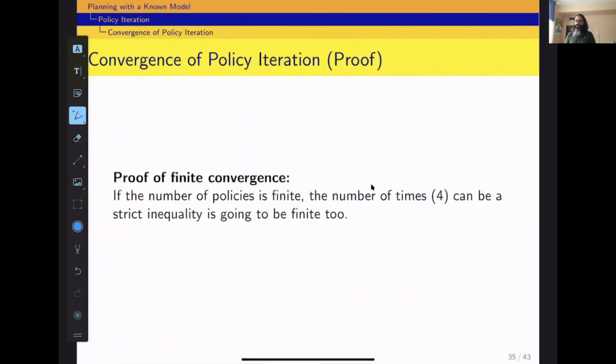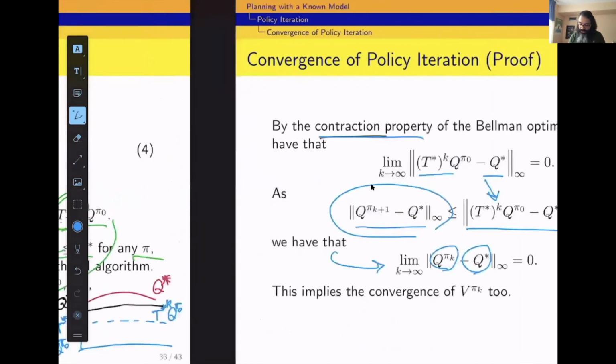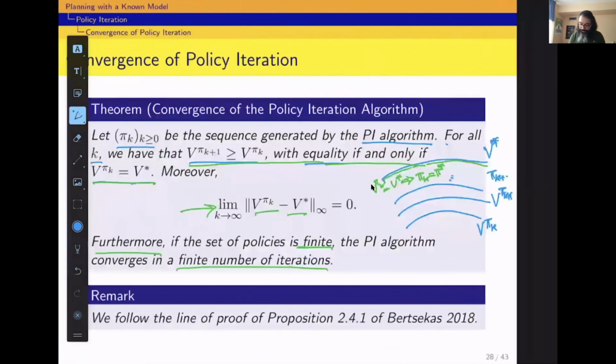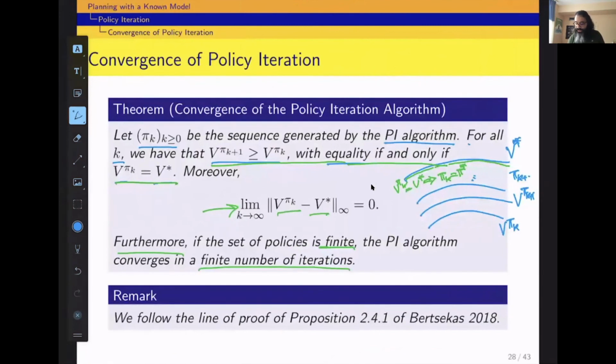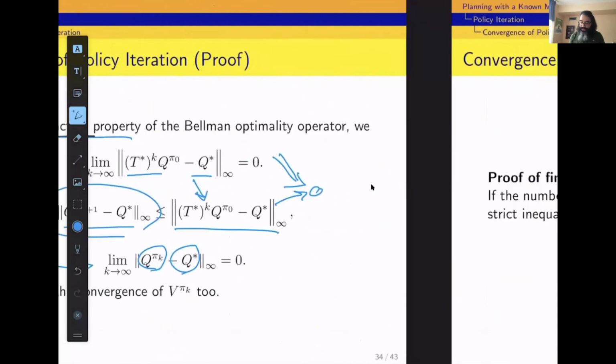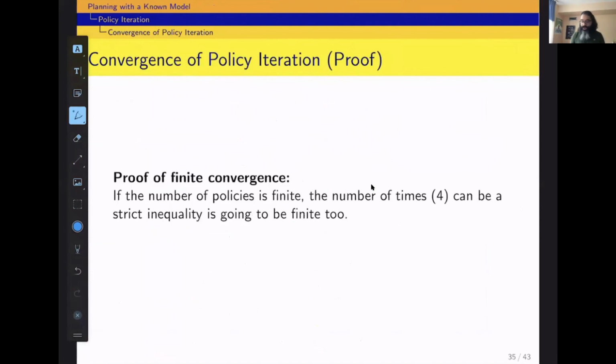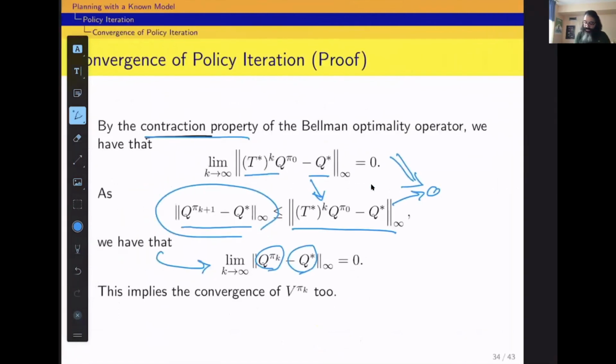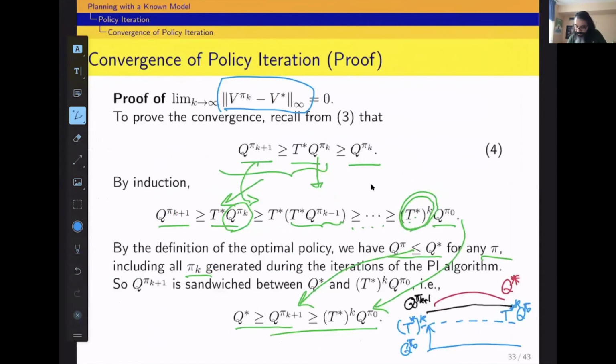Okay, so the other step that remains to be done is that if the set of policies is finite, we converge in a finite number of iterations. So the idea here is that if the number of policies is finite, the number of times that Q pi k plus 1 can be strictly greater than Q pi k is going to be finite.